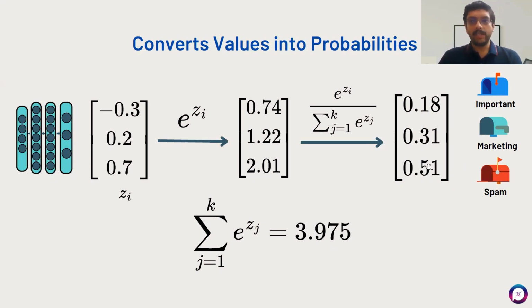And now you can say, given this set of values, the probability is 51% that it's spam, 31% that it's marketing, and 18% that it's an important email, given a particular email. We're not worried about what the email is, just assume this vector represents what you get at the end of the last hidden layer.